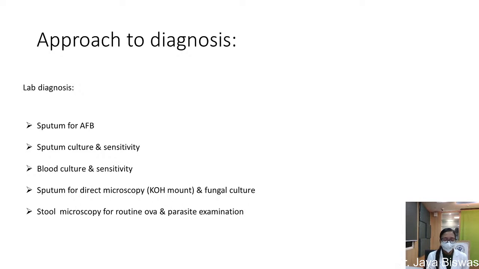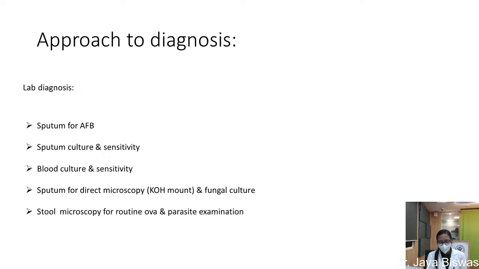Other than that, if I am doing wet mount, then normal saline wet mount should be done, and wet mount with iodine also should be done. In saline wet mount, we can look for motility of trophozoites, and in iodine mount, mainly we can look for morphological structures properly.